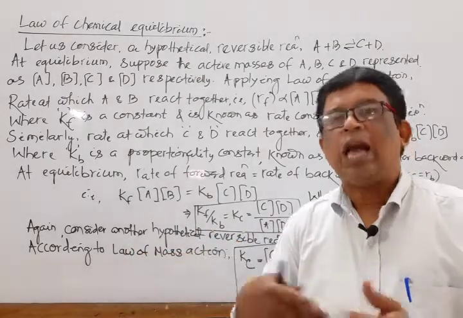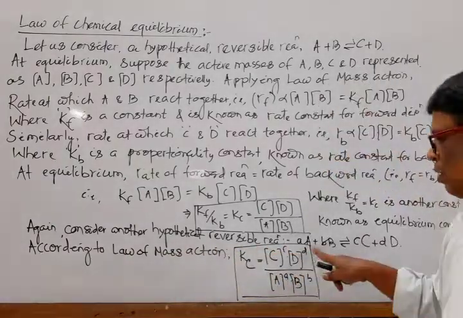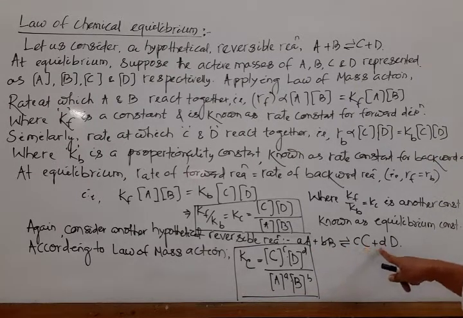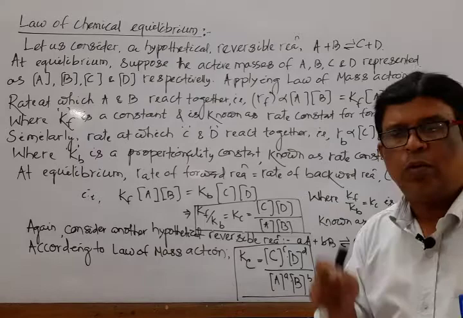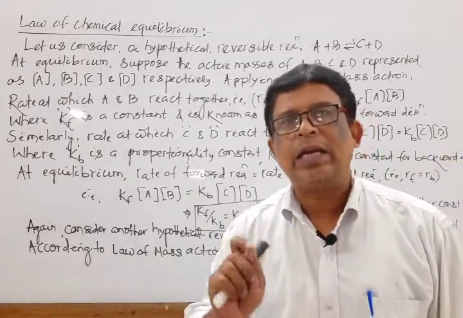Again, consider another hypothetical reversible reaction for more generalization: aA plus bB give rise to cC plus dD. I repeat again, small letters represent the coefficients, capital letters represent the reactants and products.